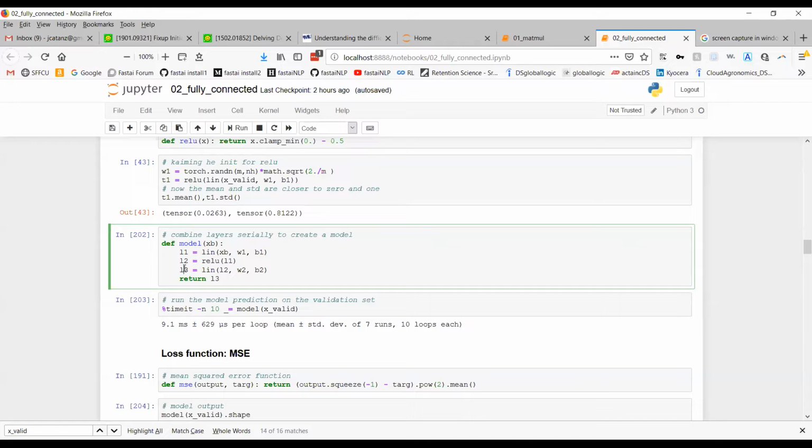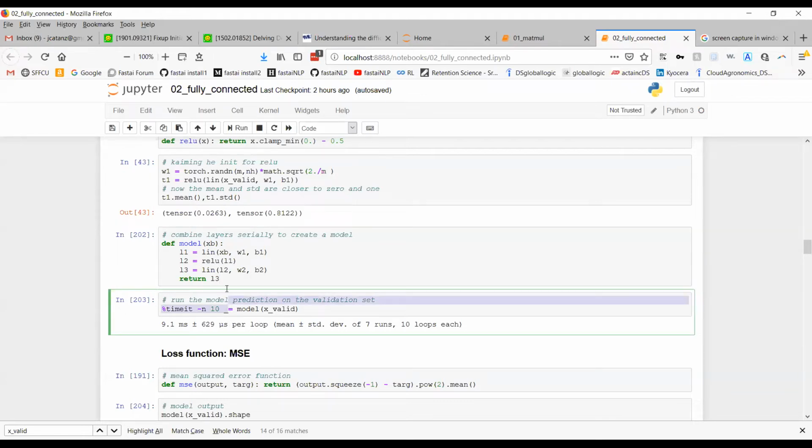Well, in this one it's the third layer, but it's the second linear layer. It's L2. So this function here, model, is basically just the forward propagation of our input data into an output, which is a number, which tells you which digit it is.